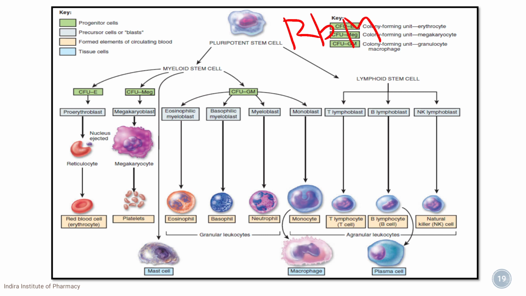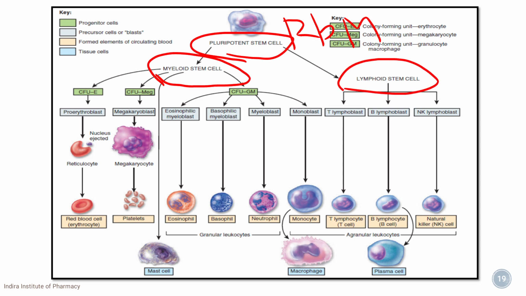From that, the pluripotent stem cells which are present in the red bone marrow will undergo subsequent division to form two types of stem cells, that is myeloid stem cells and lymphoid stem cells.